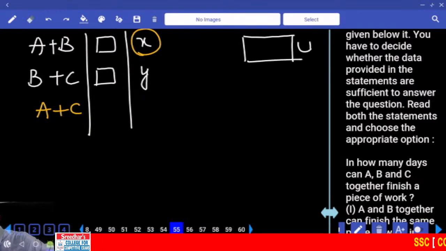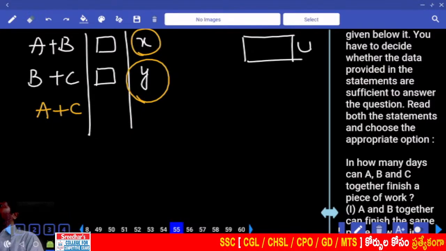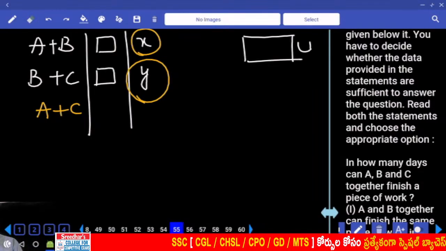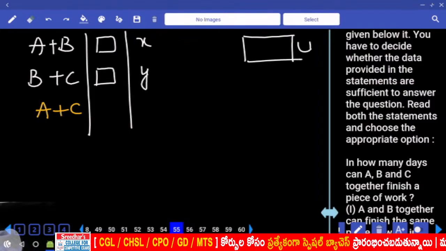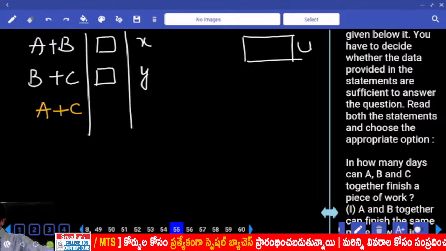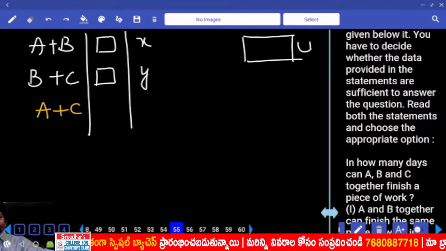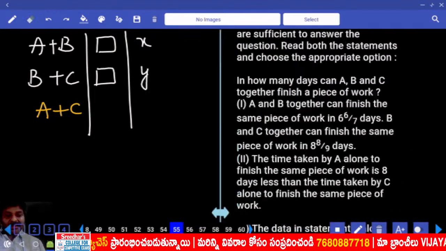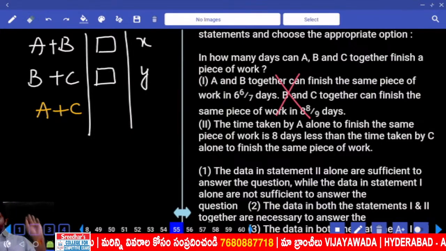So we can calculate A's work and also B's work, and from Y, which is the work done by BC, because we already know B's work, if you subtract it from Y, we will get C's work also. So either you should know the time taken by AC together to complete the work, or an efficiency relation between AB or BC or CA. That information is required. Because that is not there, statement 1 alone is definitely not sufficient.